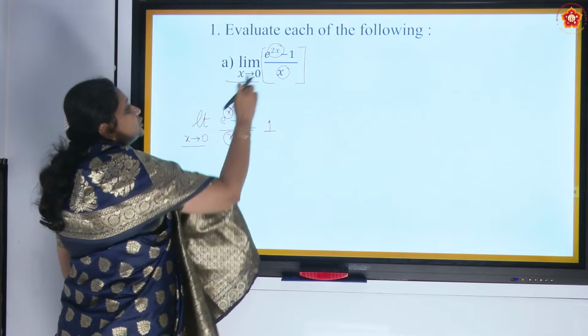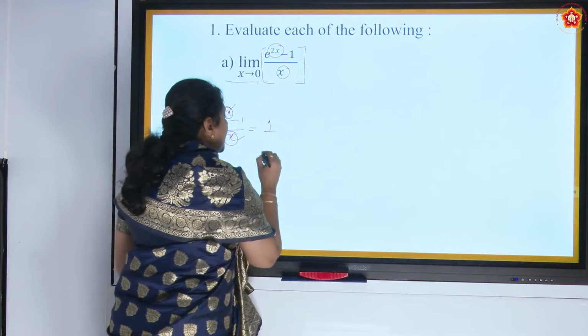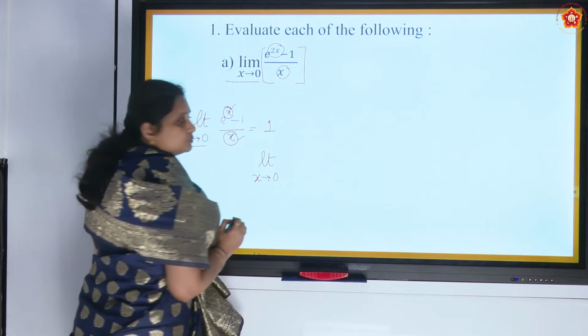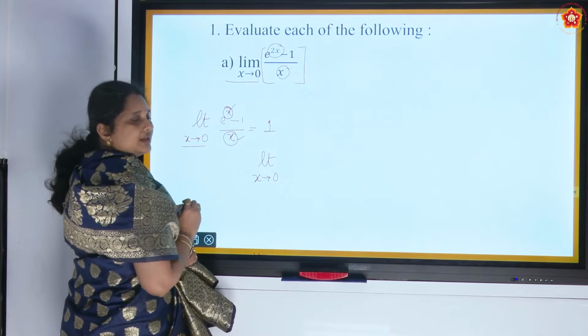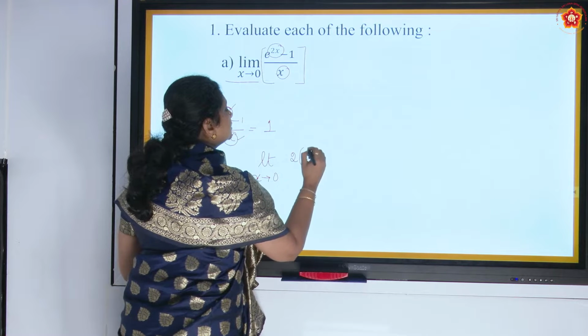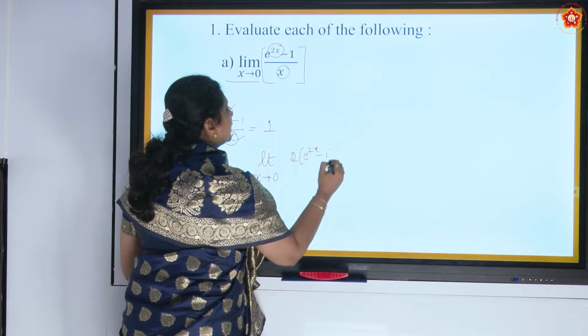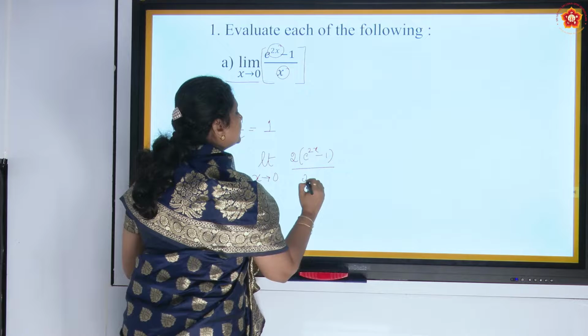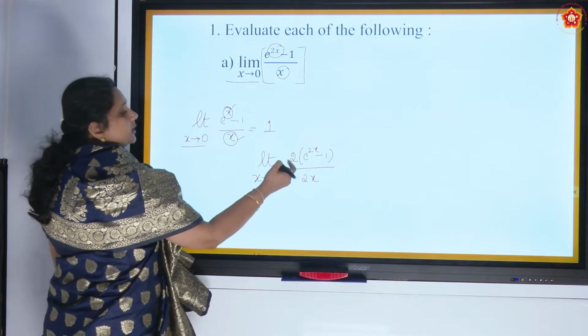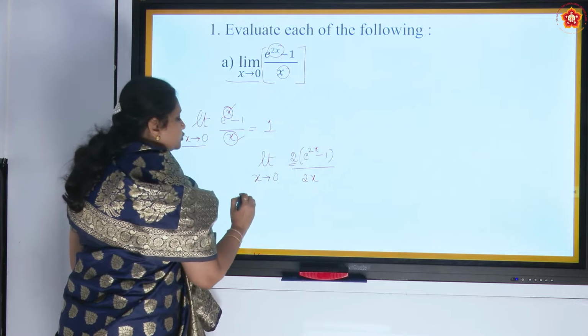So, if I have to get a 2 here, I decide to multiply and divide this function by 2. I'll rewrite this function. I do it as 2 into e power 2x minus 1 by 2 into x. Okay. So, now this is a constant, so I'm going to take it out of the limit.